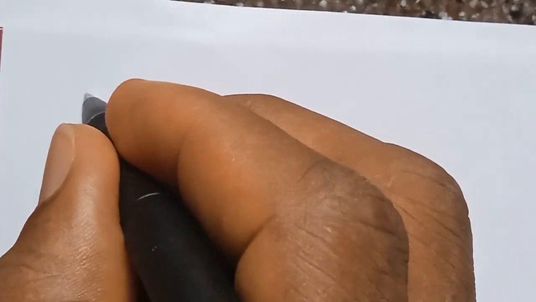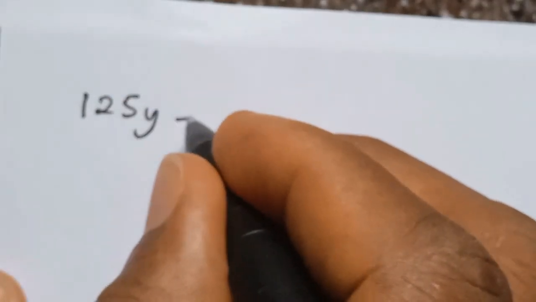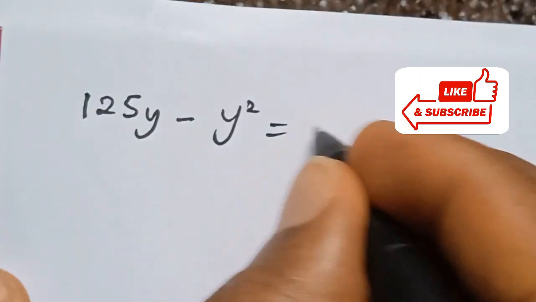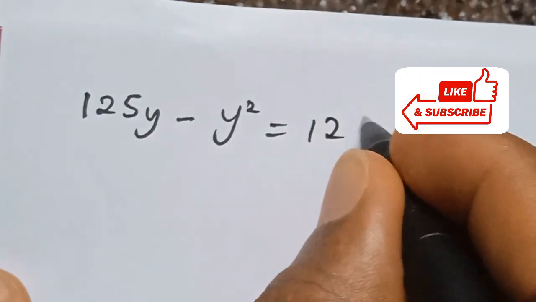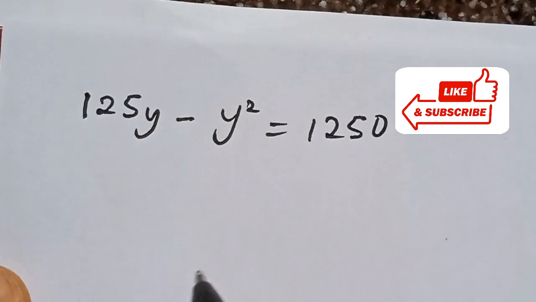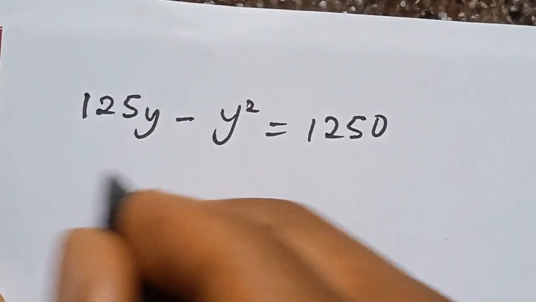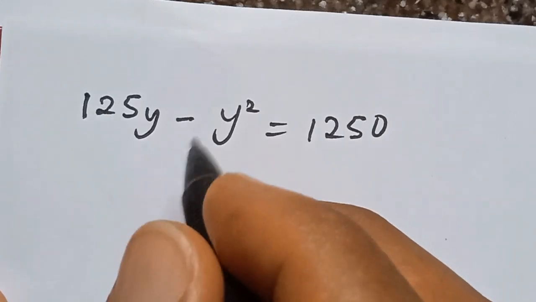So from here, we now have 125y minus y squared equals 1250. So we now have to rearrange this expression.